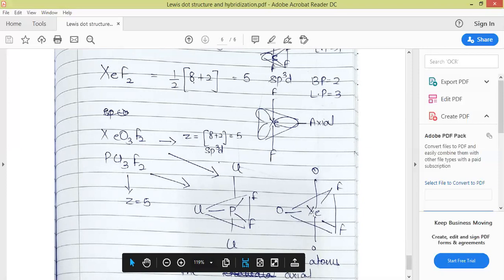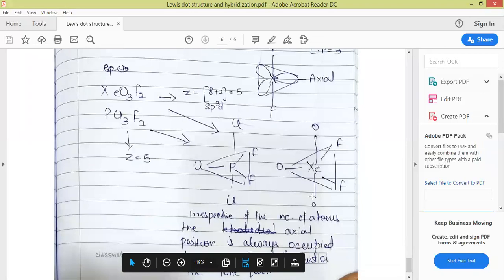Here the 2 fluorines are present at the axial positions, and the 3 oxygens are present as 1 at an axial position and 2 at equatorial positions. So this proves that the more electronegative atom tends to remain at the axial position and not at the equatorial position, irrespective of the number of atoms present.